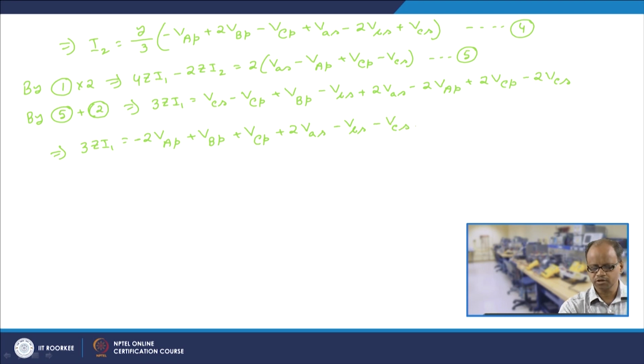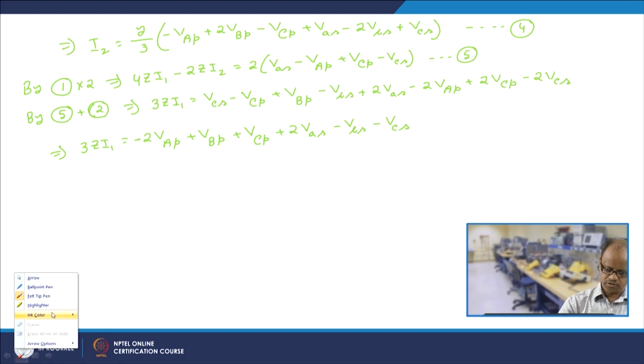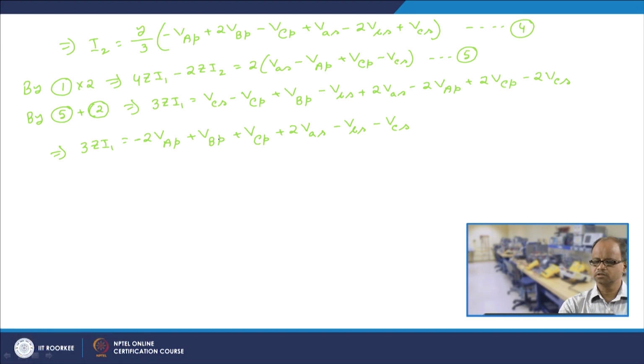Again let us cross check. So cross check is minus 2 VAP that we have got, plus VBP that we have got, plus VCP, 2 VAS, minus VBS, and these two give me minus VCS.